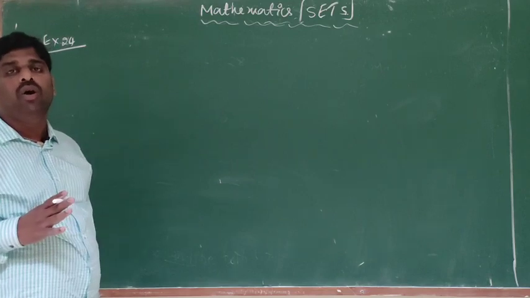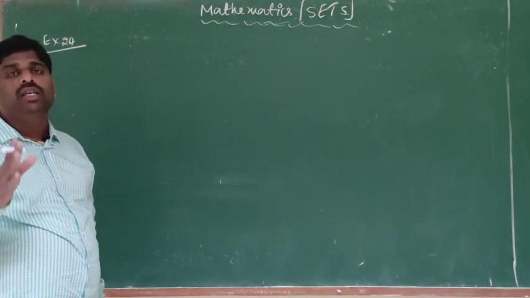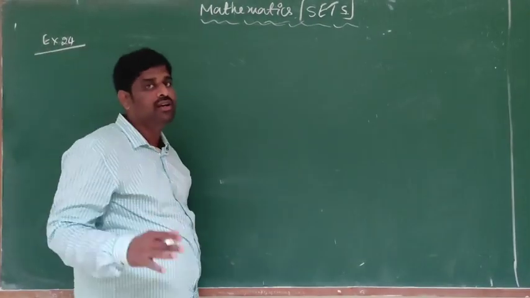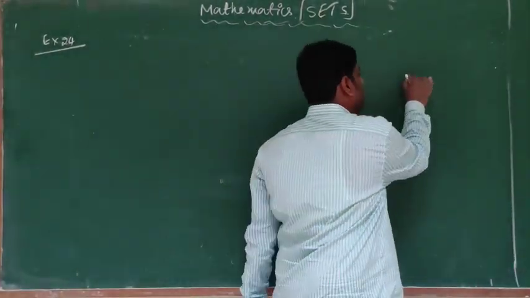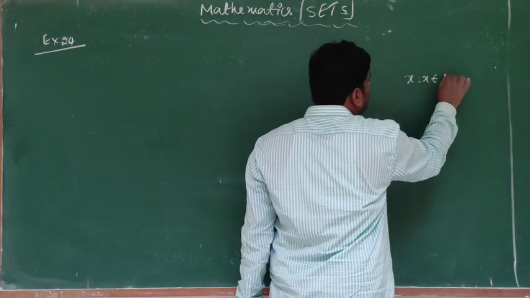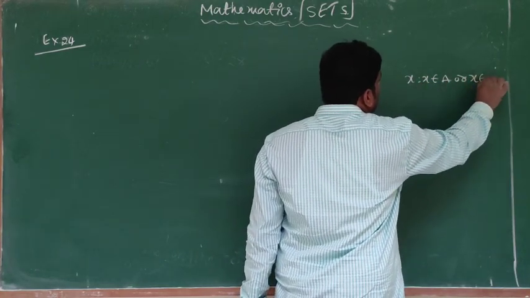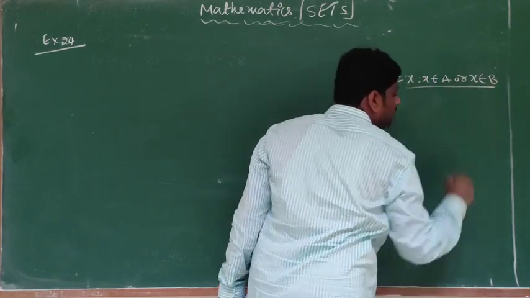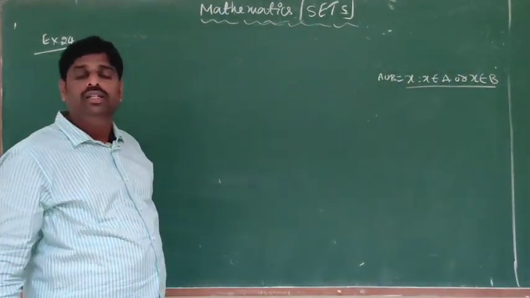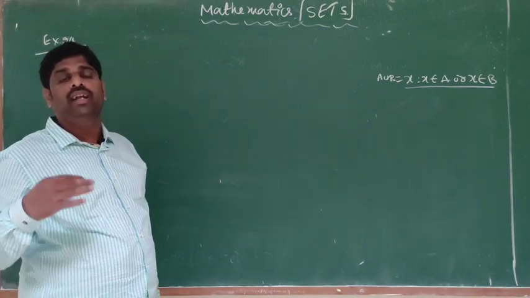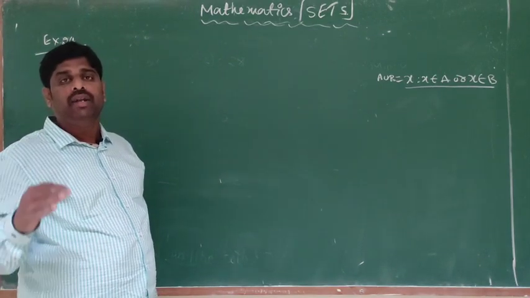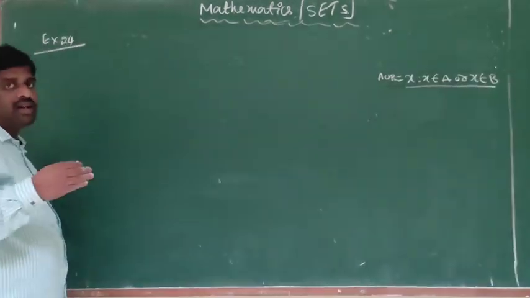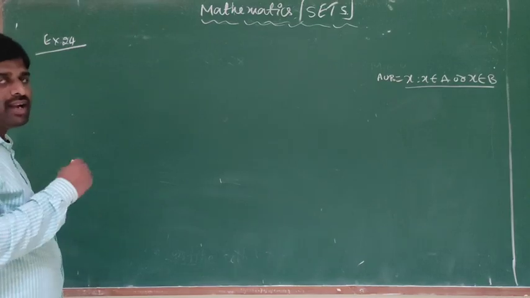Now we have to take M union P. What is meant by union? x belongs to A or x belongs to B. This is the A union B definition. Here, the set of people who can teach mathematics or physics.